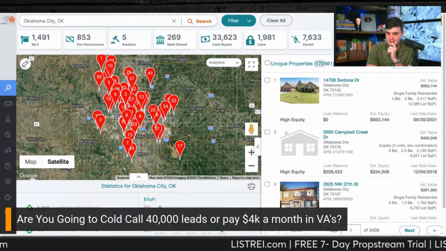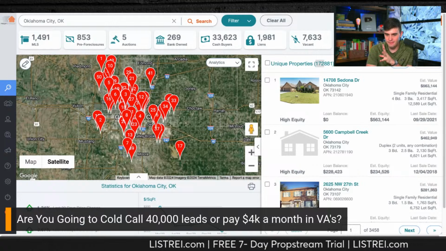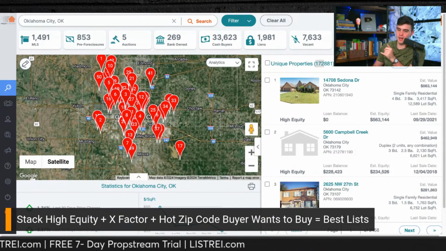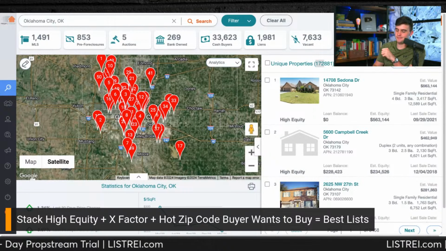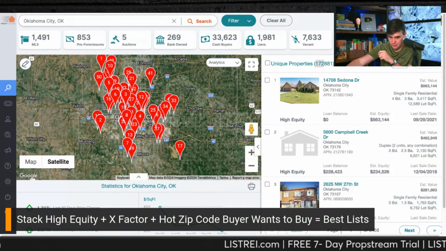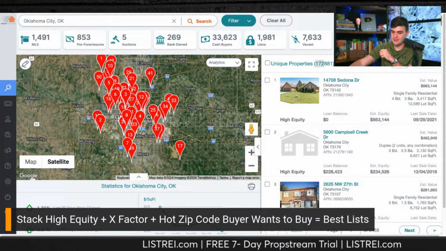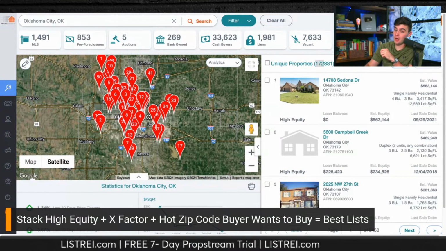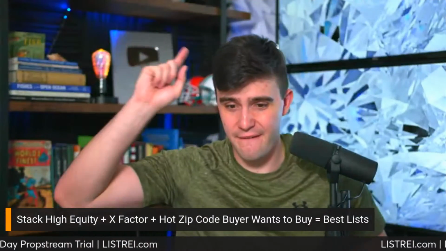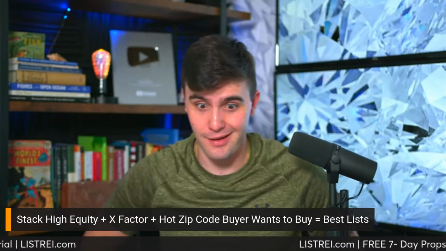So what we're going to do instead is this secret filtering, and it's what I have on the bottom here. It's stacked high equity with an X factor in a hot zip code where your buyer wants to buy. Let me make this very clear for everybody watching. You need to be finding where your cash buyers want to be buying.